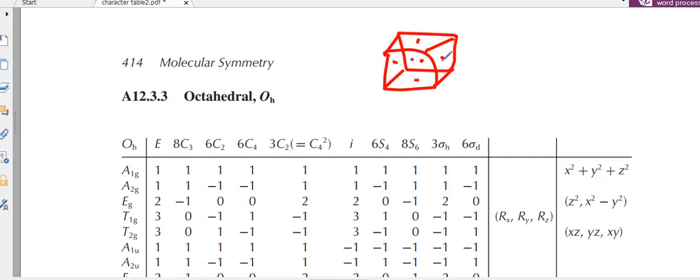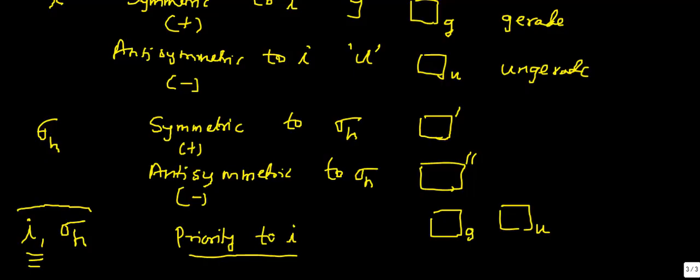If you connect all these, you get an octahedron, and that is why the octahedron is classified under the octahedral point group. So special point groups are called cubic point groups because they are based on a cube.